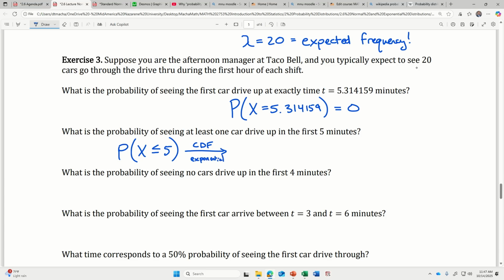And the CDF of the exponential distribution has the formula 1 minus e to the power negative lambda k. And for us, that k is the number 5, and my lambda is the number 20. So in my calculator, I'm going to type in 1 minus e to the power negative 100.